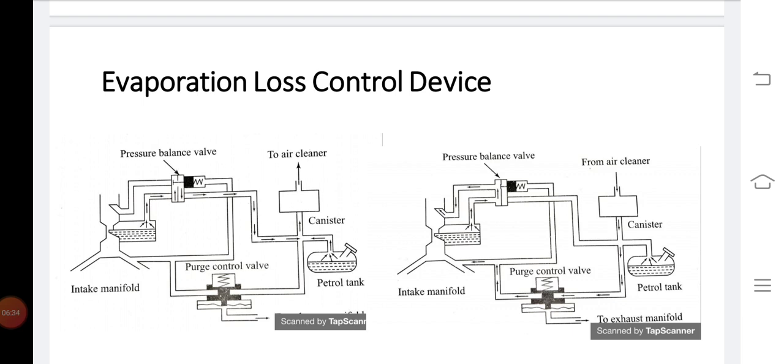When the engine is not running, the fuel present in the carburetor and the petrol tank may continue to vaporize, and these vapors go through the canister and are stored in the canister.